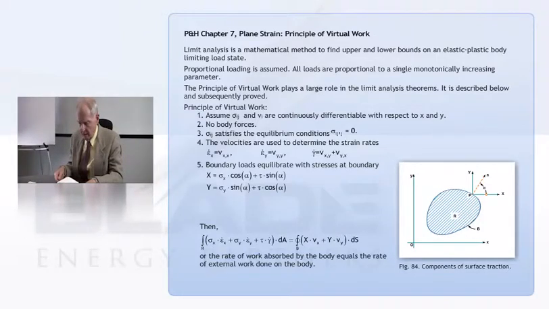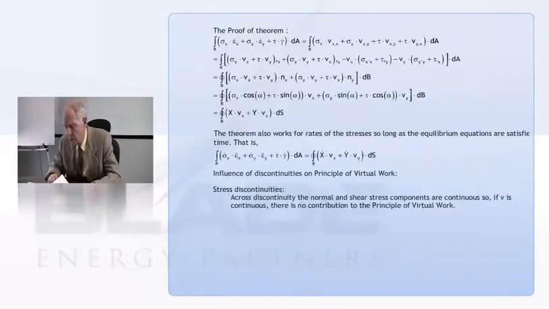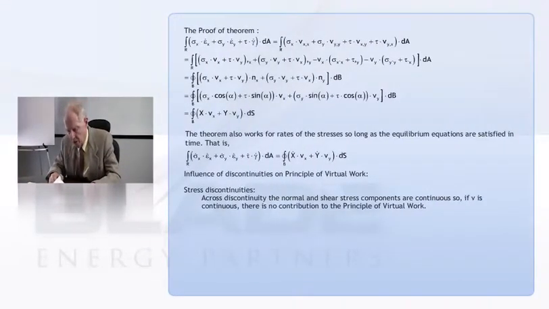And what is used in the derivation concerning these upper and lower bounds is what you could call the rate version of the principle of virtual work. And that's just that you look at the strain rates, you also look at the stress rates, and that's needed for part of the derivations for the theorems.